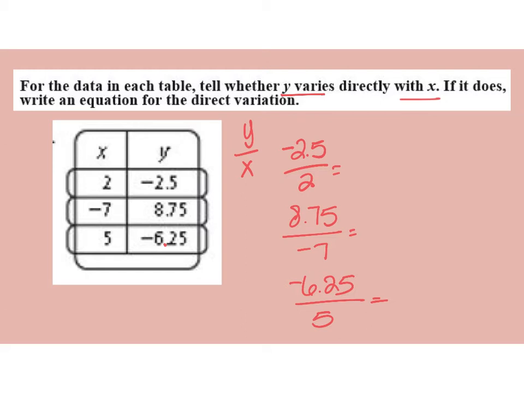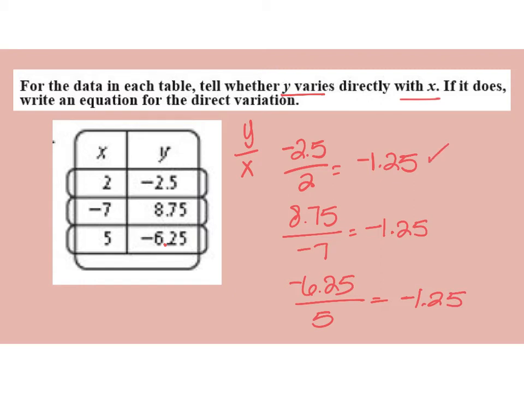As we divide, negative 2.5 divided by 2 should be negative 1.25, I believe. 8.75 divided by negative 7 is also negative 1.25. And then negative 6.25 divided by 5 is negative 1.25 as well.